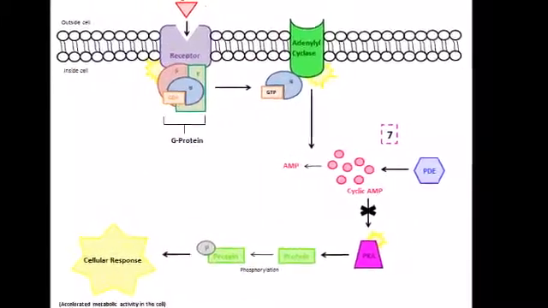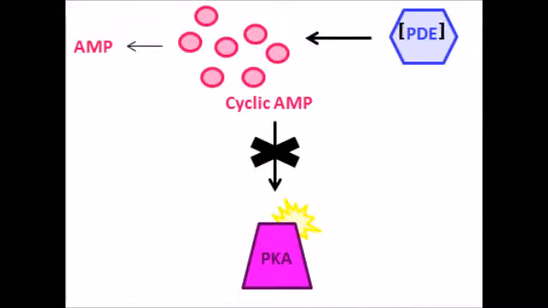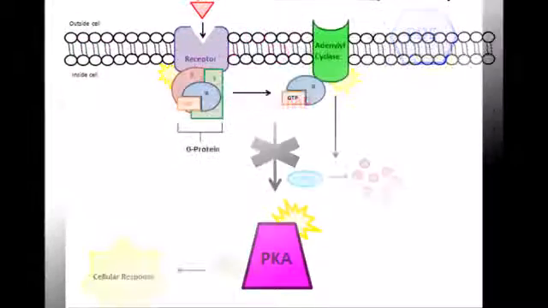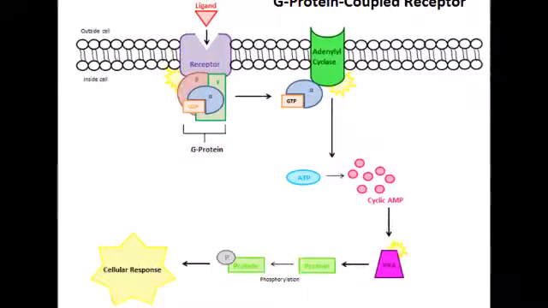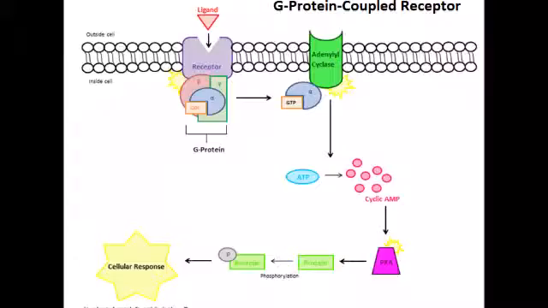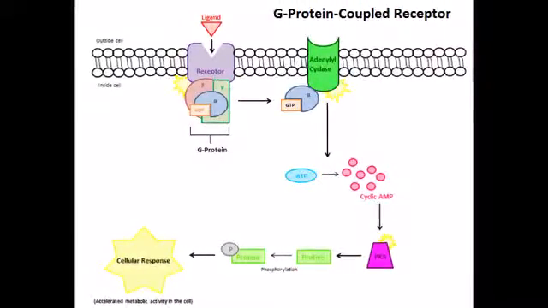In order to stop this cellular response, an enzyme called phosphodiesterase, PDE, can inactivate cyclic AMP by converting it back into AMP. That concludes the signal transduction cascade for G-protein coupled membrane receptors using the second messenger cyclic AMP to accelerate cellular metabolic activity.